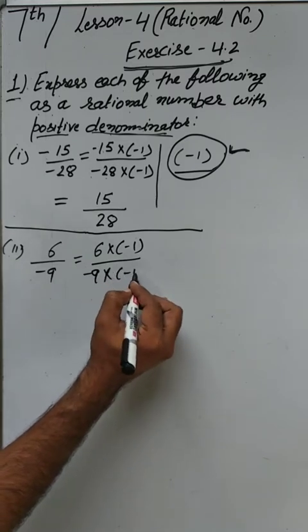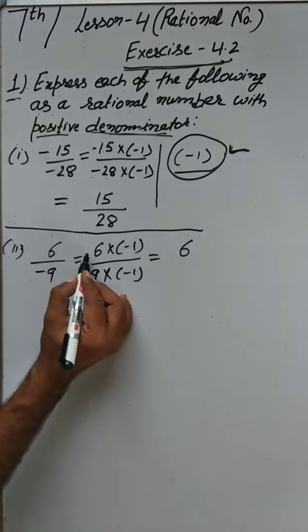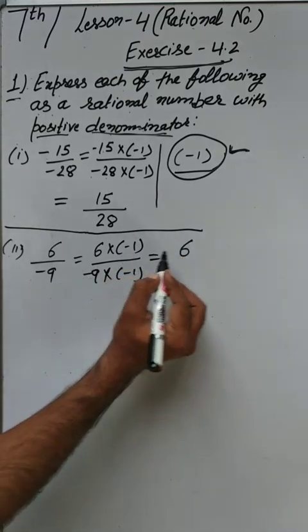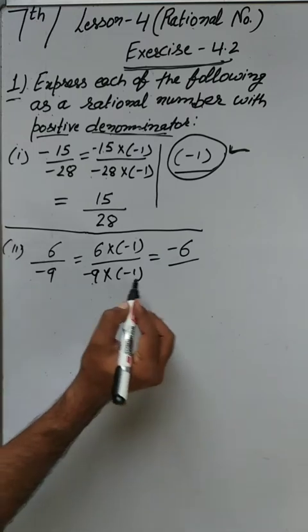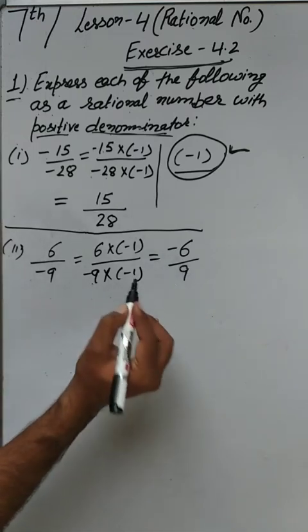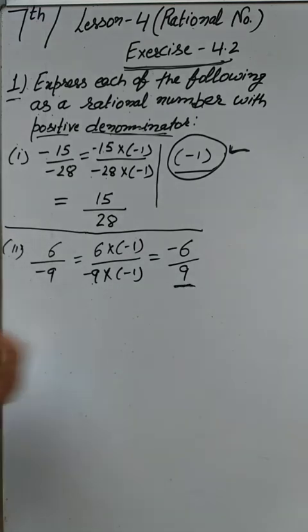Now beta, 6 multiply 1 is 6. When plus multiply minus, the sign will be minus. And 9 multiply 1 is 9. Minus multiply minus is plus. Now our denominator is in a positive sign. Understood? In that way you can change the sign.